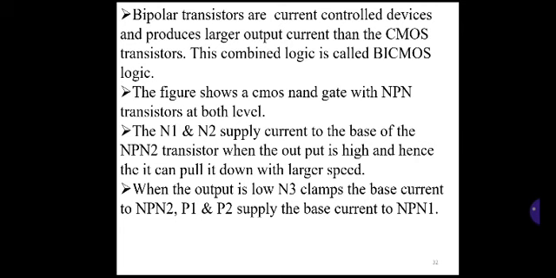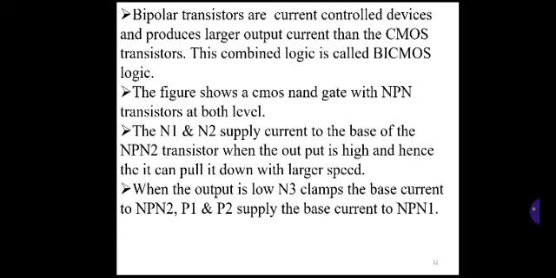So here, as we have seen in the circuit diagram, 3 N transistors are used, N1, N2 and N3. The N1 and N2 supply current to the base of the NPN2 transistor when the output is high.